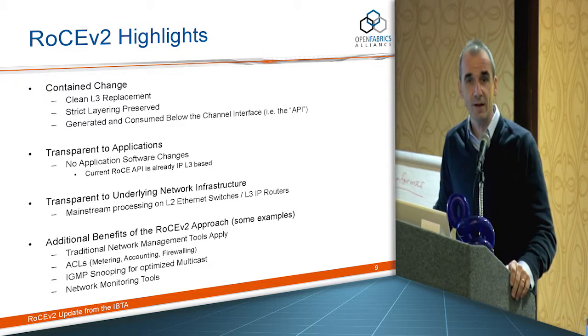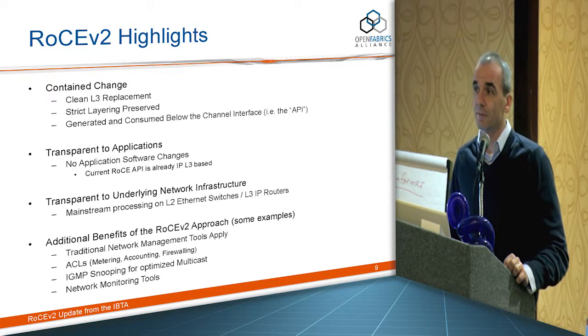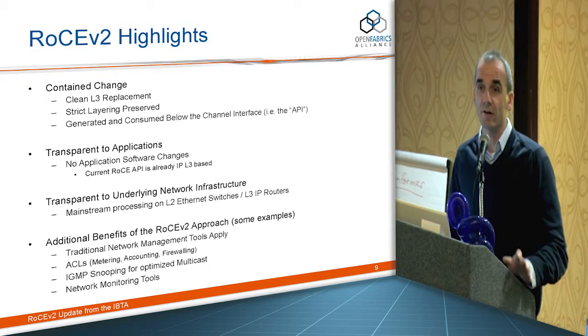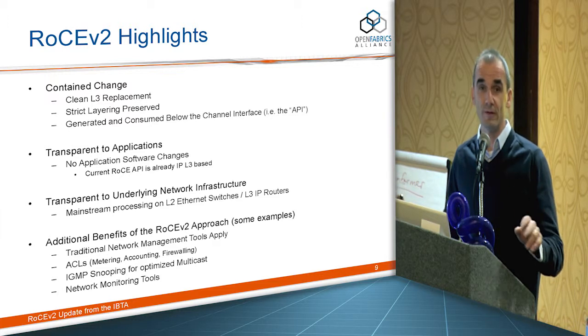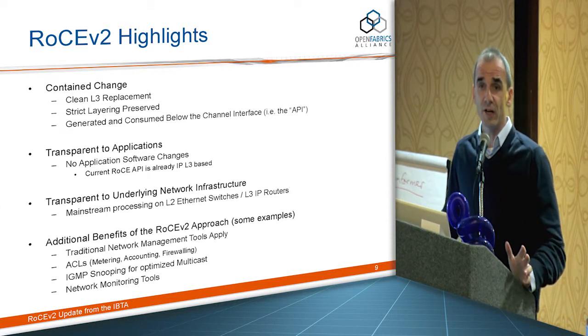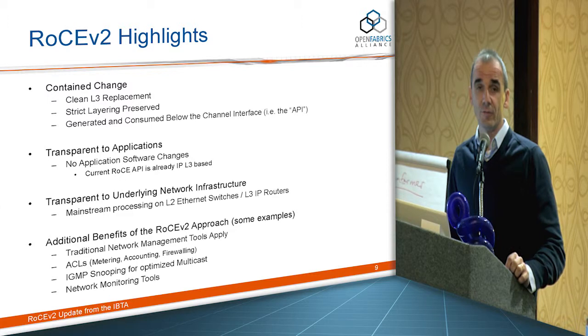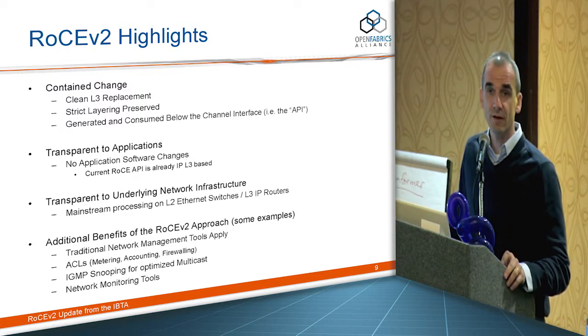But also a very important aspect of this approach is that it makes it absolutely transparent to the underlying networking infrastructure. Because we're now creating UDP packets that are among the two most common type of packets that switch and router equipment are used to see. So by generating these RDMA on top of UDP packets, we're effectively riding on the mainstream data plane of the existing networking technology.